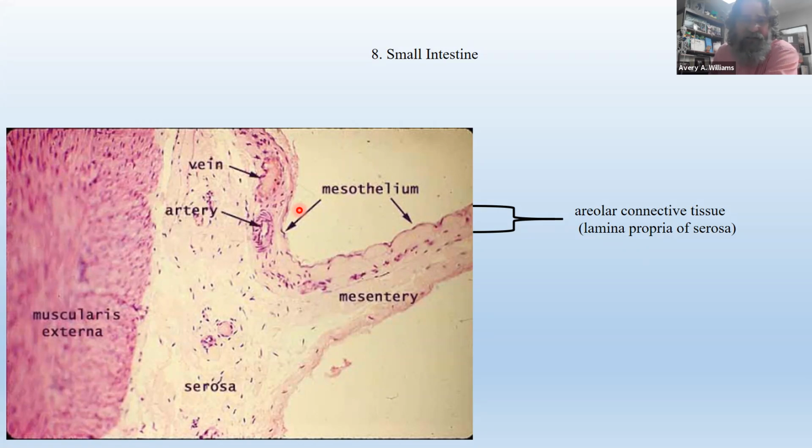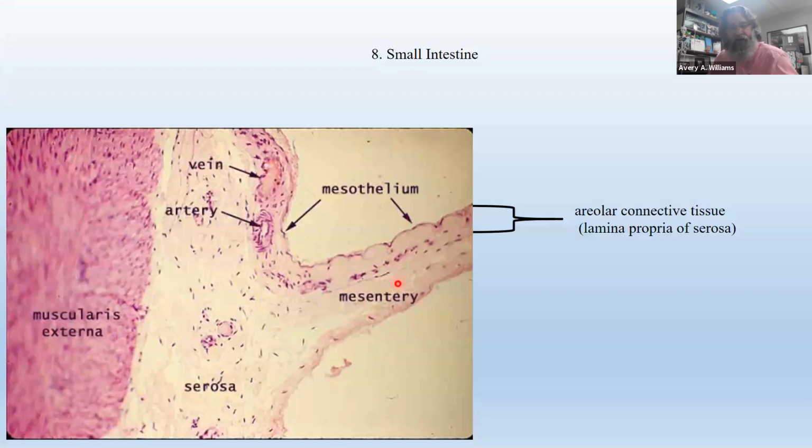Visceral peritoneum, mesothelium, same thing. And remember, it's always simple squamous epithelium. But remember the connection between visceral peritoneum and parietal peritoneum, the little liaison between the two, a little bridge that connects the two, that's mesentery. And so that's what you're looking at right here.